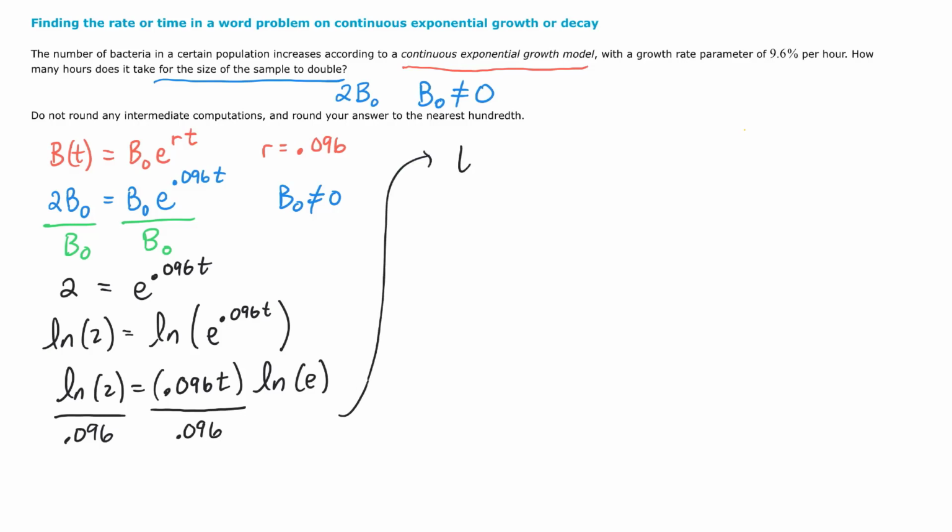Our final equation looks something like this. T is equal to ln of 2 over decimal 0.096. Remember, ln of e is just 1. ln base e of e is equal to 1, right?